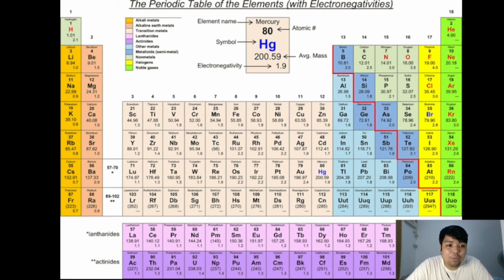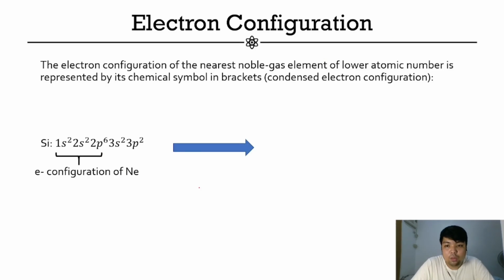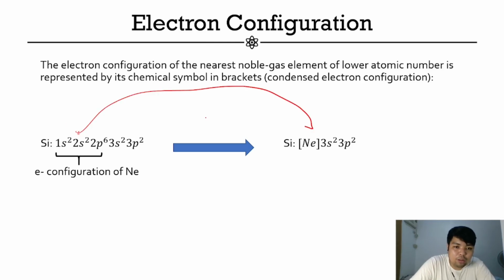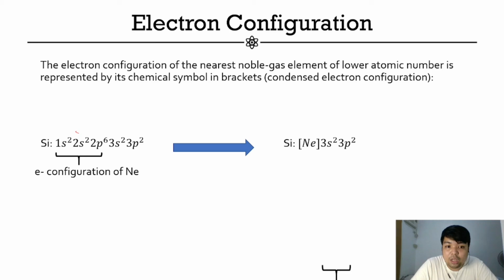So when we write our condensed electron configuration, this inner configuration of the noble gas preceding this element will be written as a symbol shown in brackets. So we condense this one to this one here. And this part, which is not included in the noble gas configuration, is what we call the valence orbitals.